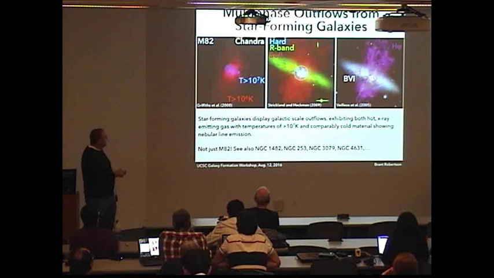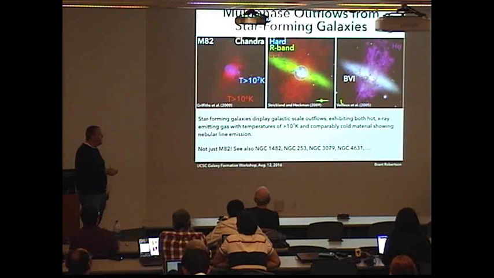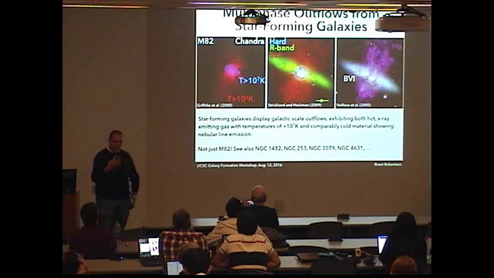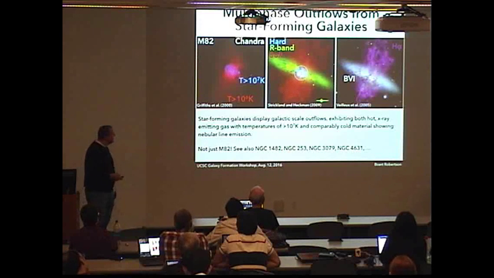You can see this outflow in context from the star-forming region at the center where that very hot gas resides. And then, of course, you can go and look with ground-based telescopes at the H-alpha emission on large scales using narrowband imaging, and you can see the filamentary structure, this colder material that we're all very interested in: how that material got there, how is it traveling at large velocity, which it seems to be.